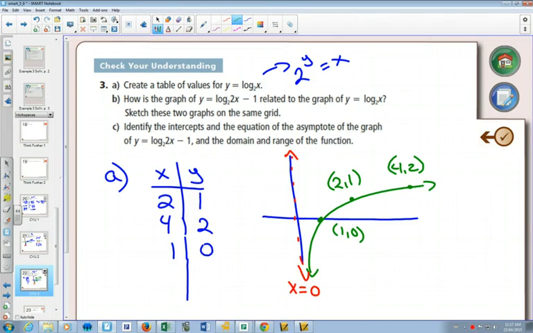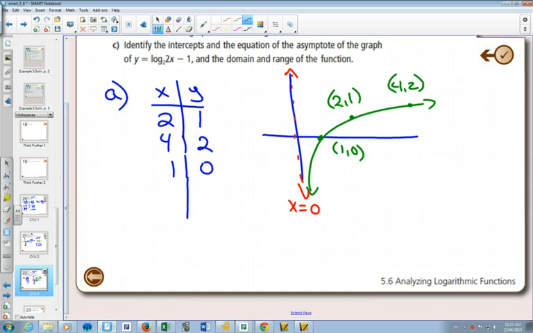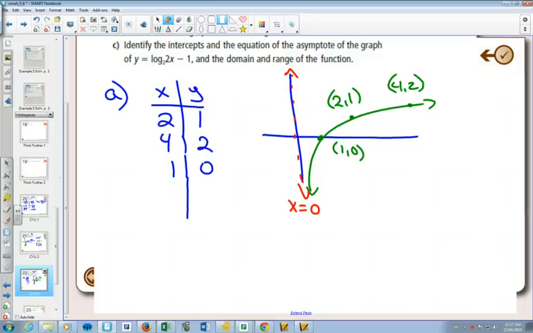So just like all of our other transformation questions, if we're going to graph log base 2 of 2x minus 1, we have to be able to recognize what's the parent function.